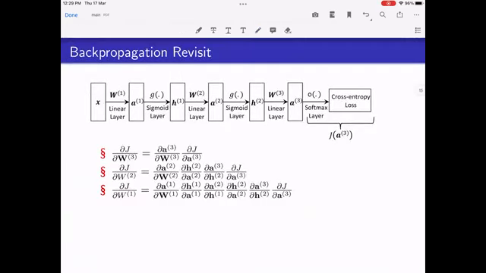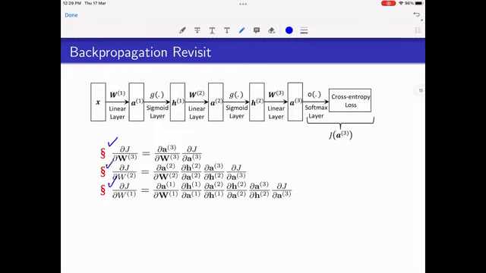Now we will do a little revisit of it, so that will help us get a better grasp of the backpropagation that happens in RNN. What we ultimately want, for use in the gradient descent algorithm, is the gradient of the loss with respect to all the parameters at each iteration.